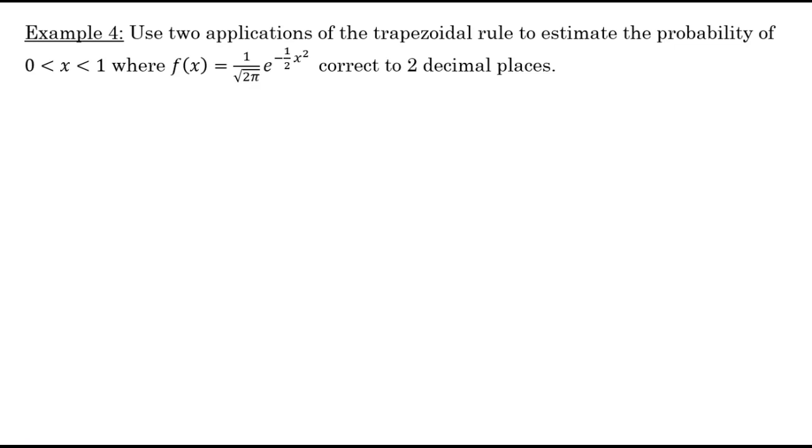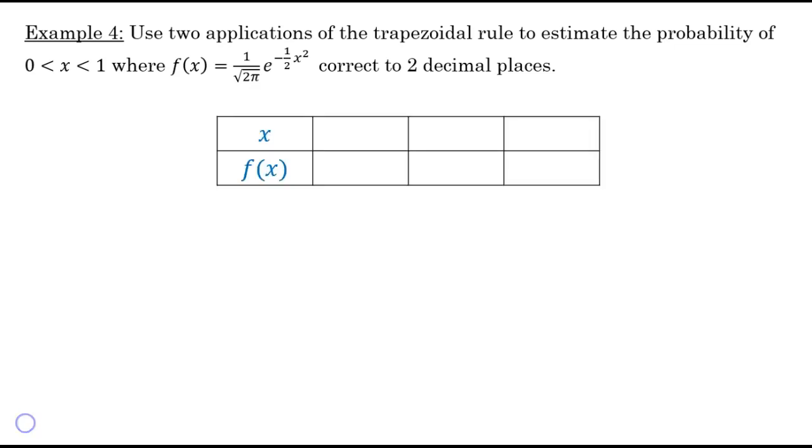That is, I want to find the area between that curve and the x-axis over the domain 0 to 1. I'm going to use 2 applications of the trapezoidal rule, which means that I need 3 values. I have to calculate the value of the function at the lower bound, 0, at the upper bound, 1, and halfway in between. That gives me 2 strips.